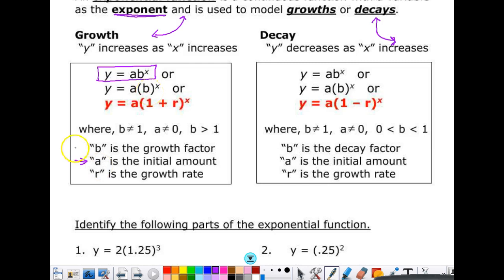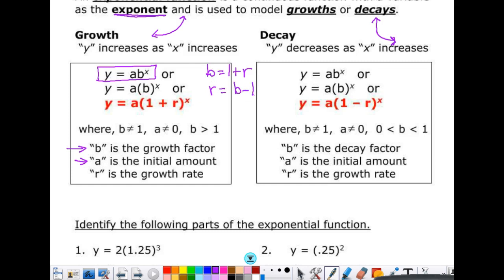B is the growth factor. Okay? So, we need to write a couple of notes down here because you might need to use these. B is 1 plus the rate. So if we did a little algebra on this, the R would be B minus 1.